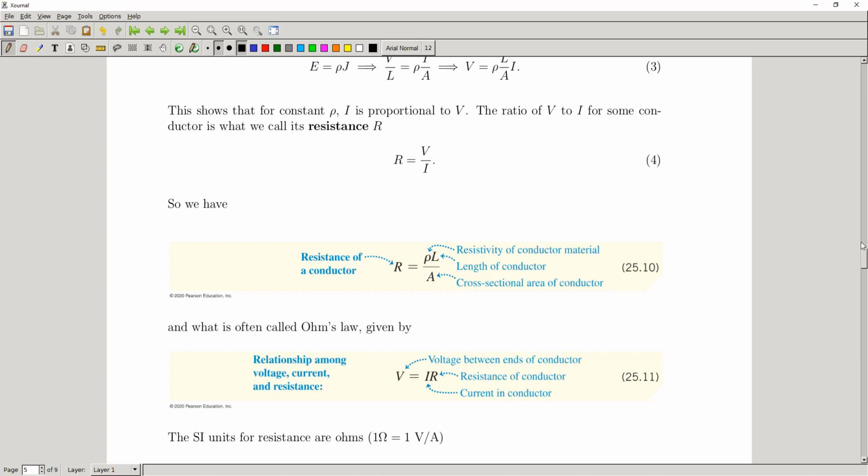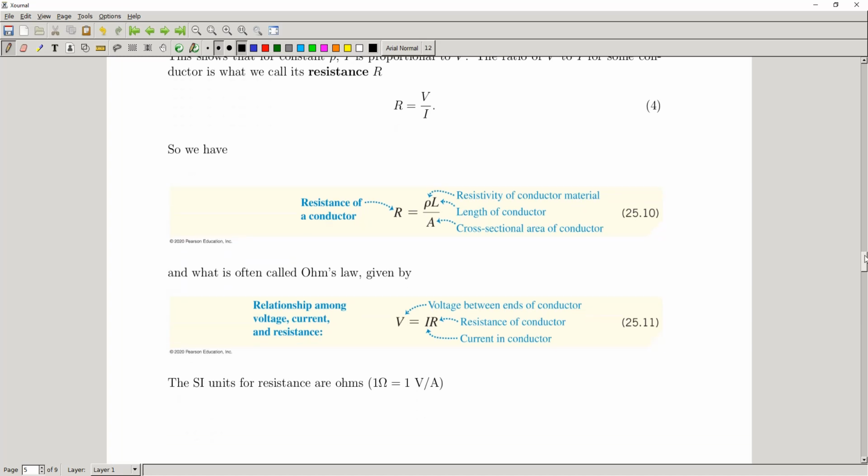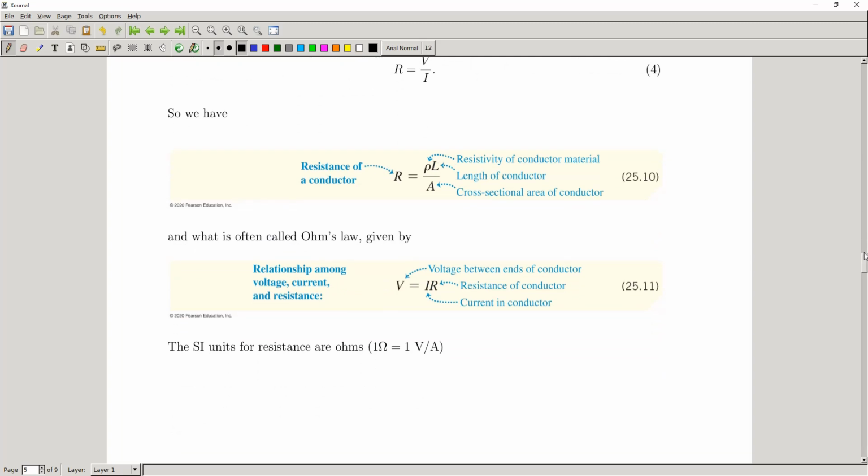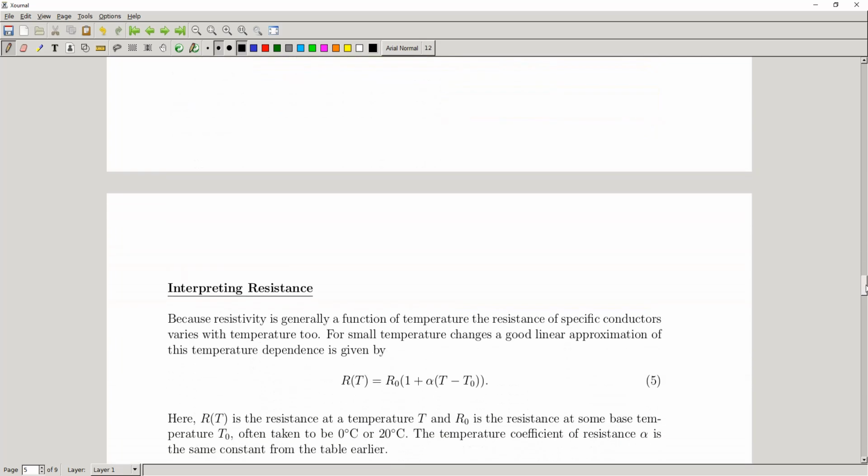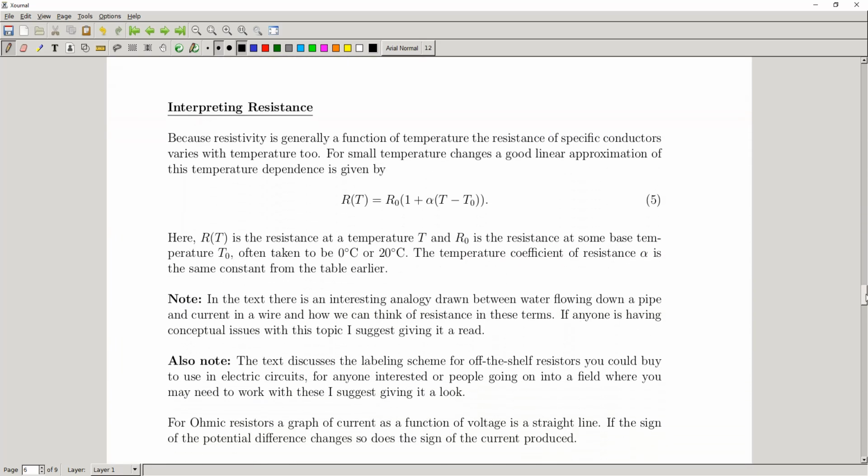The SI unit for resistance, as I mentioned above, is the ohm, and ohms are just volts per amp. We can see that when we express it this way: we have volts and amps, so volts per amp is our resistance. Now let's take a moment to think about what's going on with resistance.